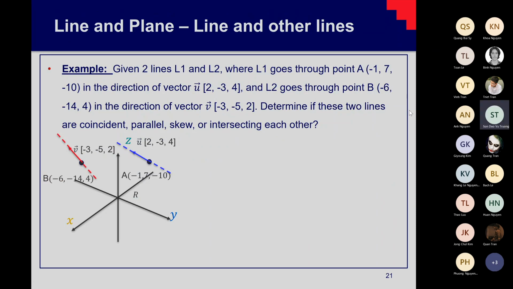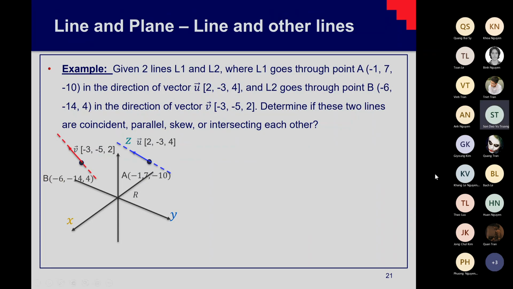And L2 goes through the point B (-6, -14, 4) in the direction of vector V, having components (-3, -5, 2). Determine if these two lines are coincident, parallel, skew, or intersecting each other.